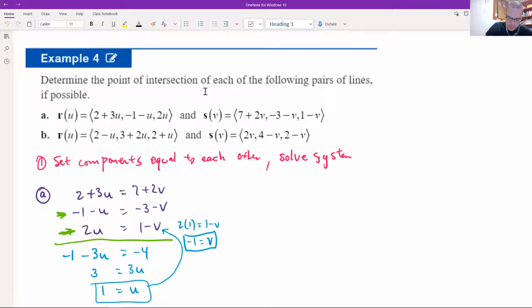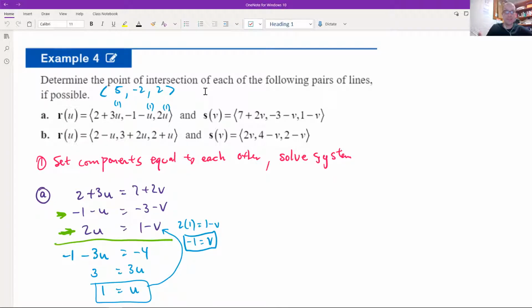So this would be 3 times 1. This would be negative 1 times 1 or minus 1. And we'd throw a 1 in there. So the vector that we would get would be 2 plus 3 is 5. And we have negative 1 minus 1, which is negative 2, and 2 at the end.